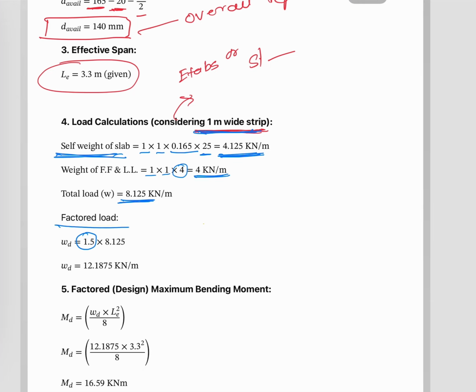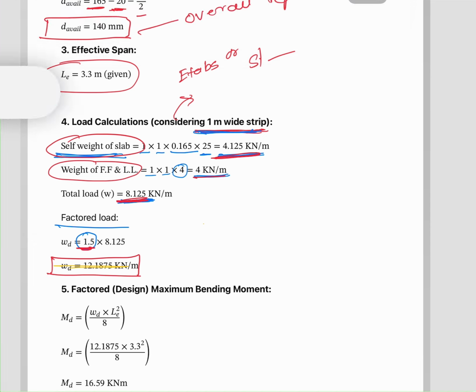So to calculate the factored load, you multiply the total load, which is the self load and the floor finish and live load, by 1.5. So 8.125 multiplied by 1.5 gives the factored load as 12.1875 kilonewton per meter. This is the load we are going to use for the design.